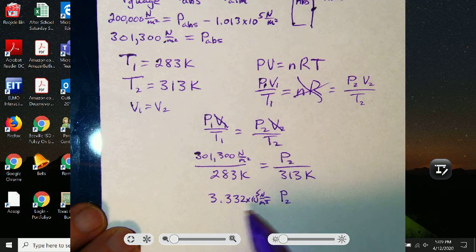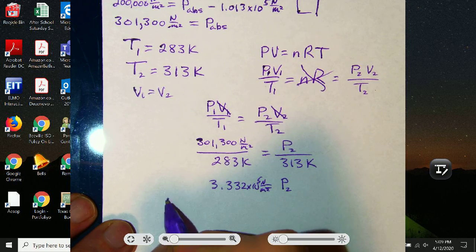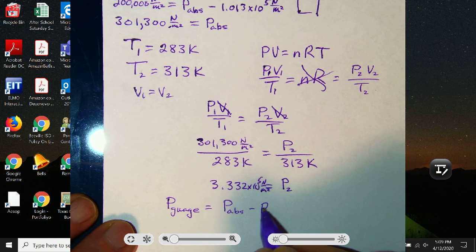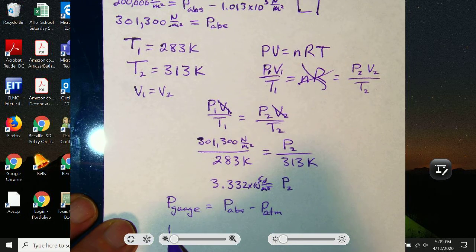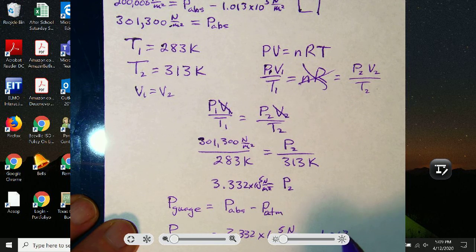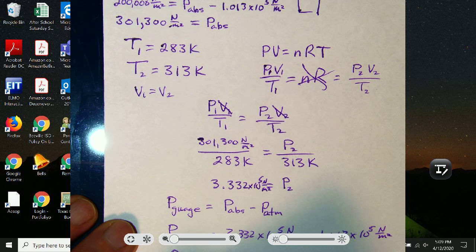Okay, so here's our absolute pressure. Again, if we want to find our gauge pressure, so our gauge pressure then is going to be 2.319 times 10 to the 5th newtons per meter squared.